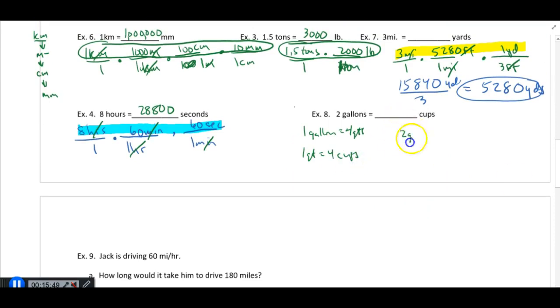So 2 gallons, and you could probably do this in your head, over 1 times 1 gallon to 4 quarts, times now from quarts to cups, 1 quart to 4 cups. Now 2 times 4 times 4 is going to give you 16 over 1. So that would be 16 cups.